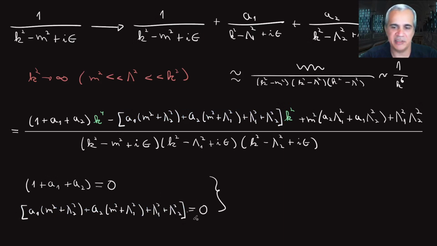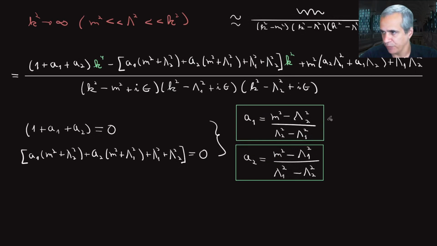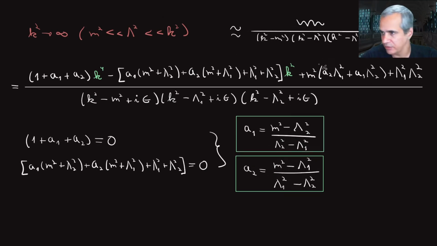Now I have a system of two variables, A1 and A2, and 2 equations, which is solvable. Again, I'll spare you the algebra. It's just solving the system, and the answer is this, which now I'll substitute back in this part to simplify my expression. So this part here, let me copy it.